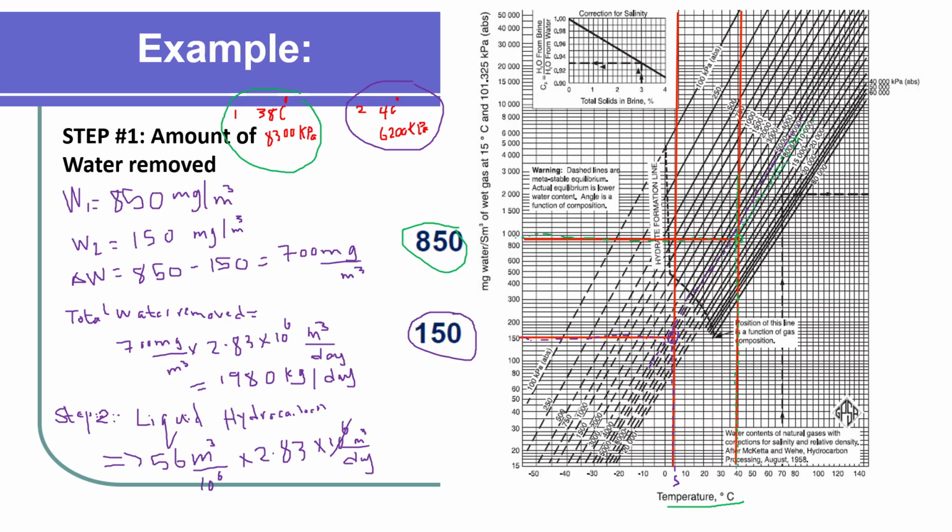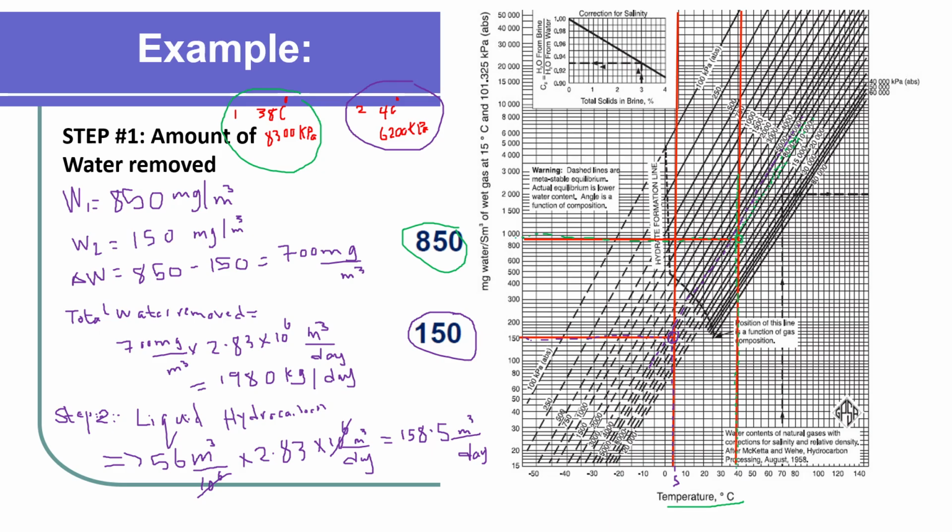So the 10 to the power 6 will be cancelled with the other 10 to the power 6, and you get approximately 158.5 meter cube per day. This means that every day we produce 158.5 of the liquid hydrocarbon.